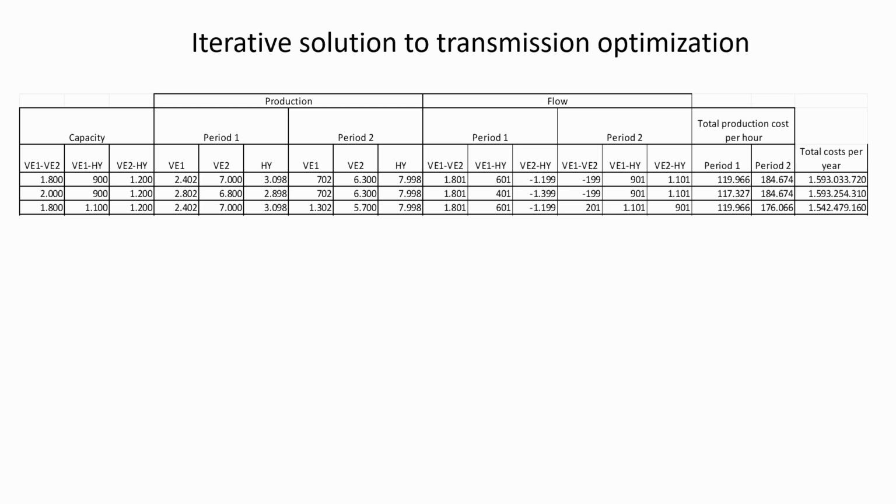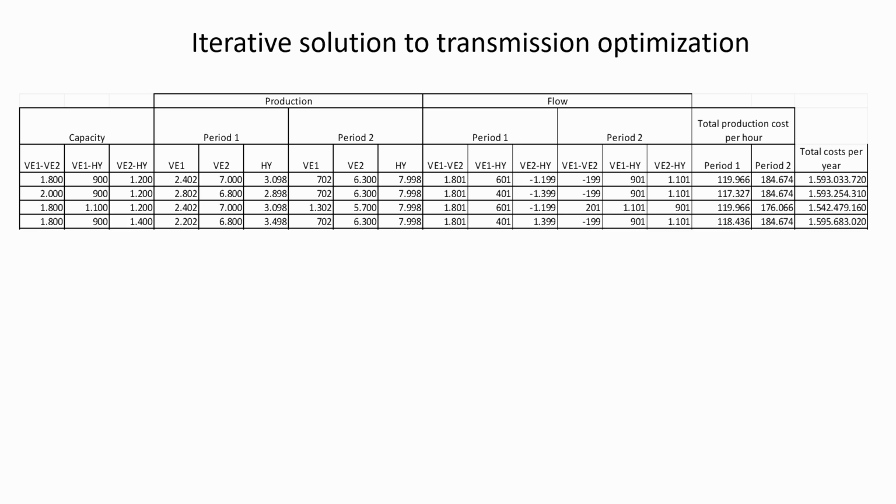And then I do the final calculation where I've increased the capacity of this line with 200 megawatt, and I have all these values from the Power Market Simulator model, and I can see that now the total cost has increased. So it is a very good idea to increase the capacity of this line.